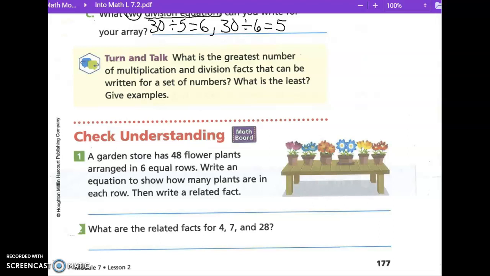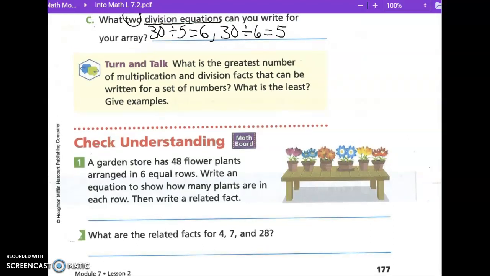So if there are 6 rows times something equals 48 flowers. Does anybody know 6 times what is 48? Tammy? 6 times 8. Now what did it say? It says write an equation to show how many plants there are.